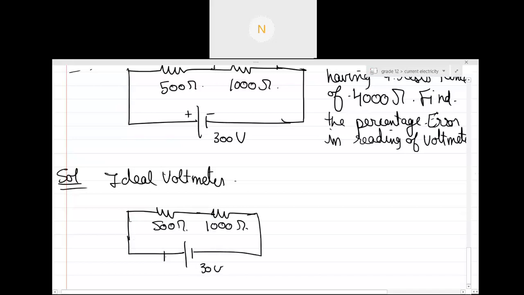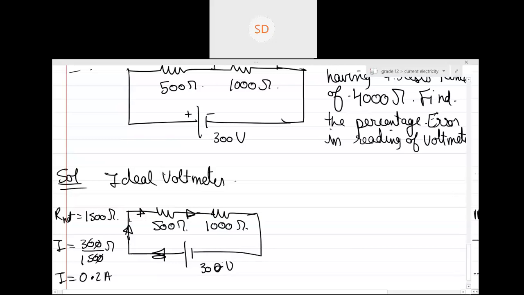So basically, the net resistance R net is 1500 ohm, and I will be equal to 300 upon 1500, which is how much? 1 upon 5, 0.2 ampere. Yes or no?